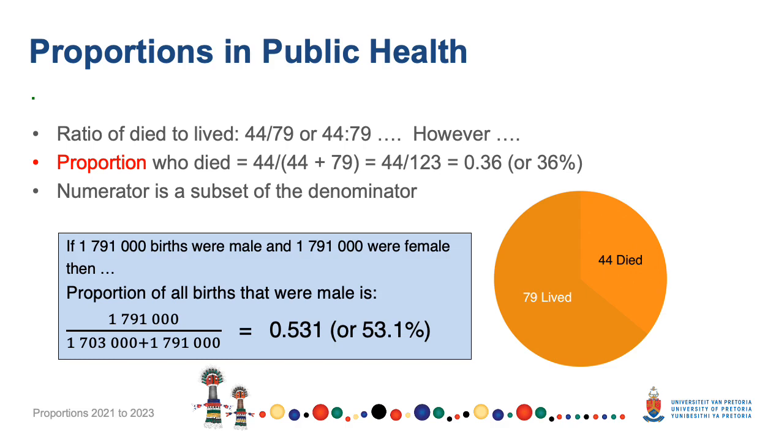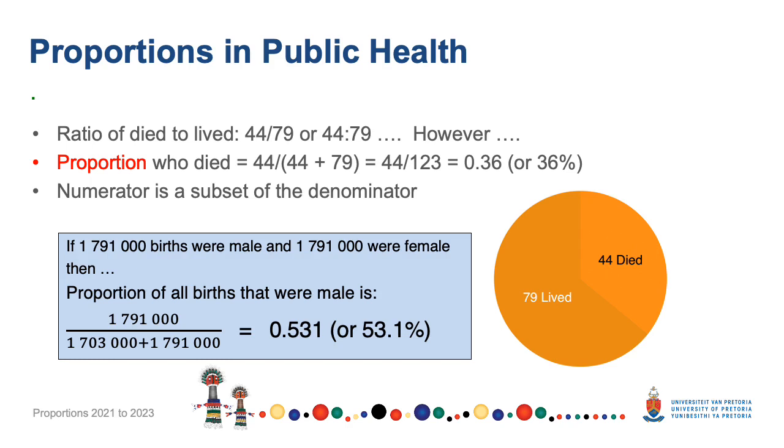It'll be 44 over 44 plus 79, because we must include the 44 in the numerator and also in the denominator. But we must also include those who lived in the denominator. So that comes to 0.36 or 36% of the people who died. So the proportion is 0.36, the percentage is 36.